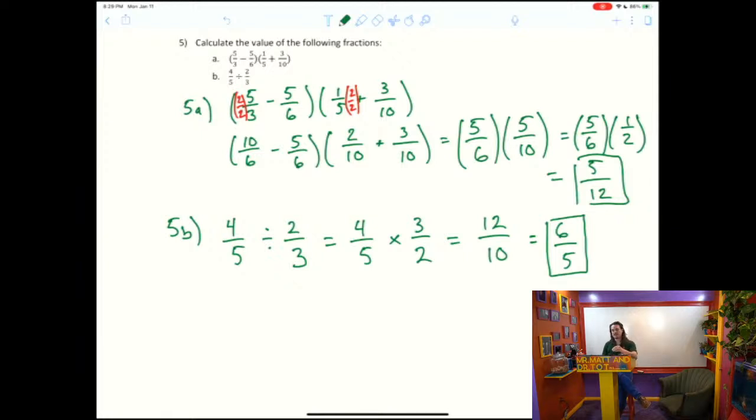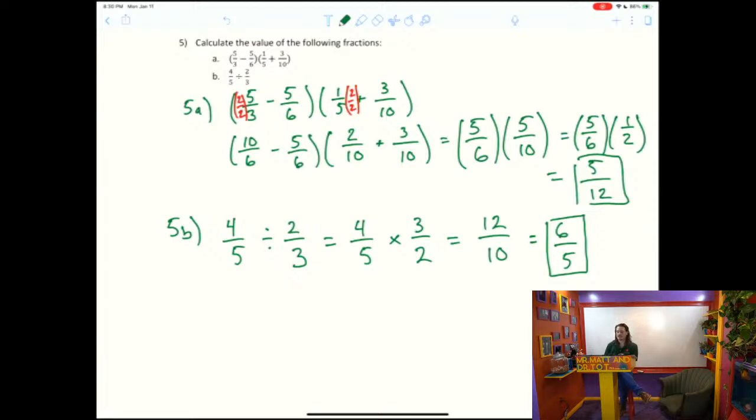Okay, so for 5a, we need common denominators between 5/3 and 5/6. So 3 goes into 6, 3 is a divisor of 6, and 6 therefore is a multiple of 3. So we only need to change one out of these two pairs of fractions. So the 5/3 I can take to a denominator of 6 by multiplying by 2 over 2.